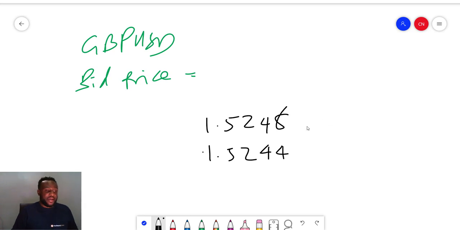So a quick way to then work this out is, if my entry price, so what does that mean?